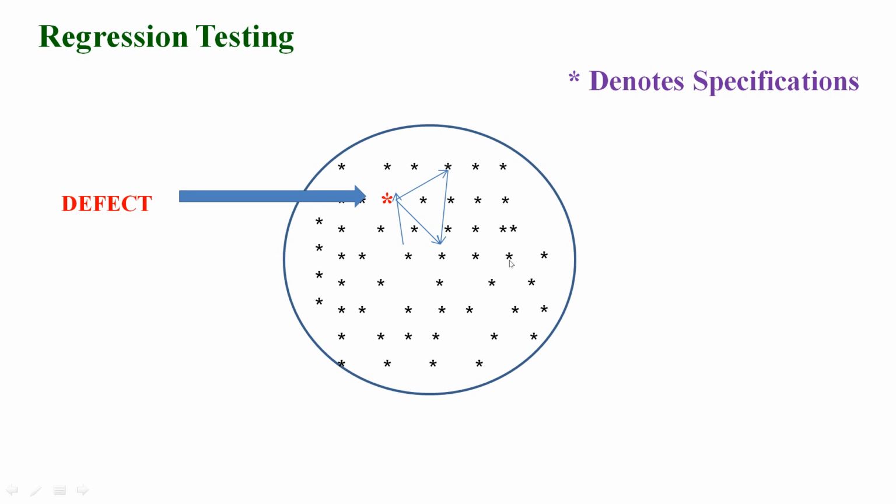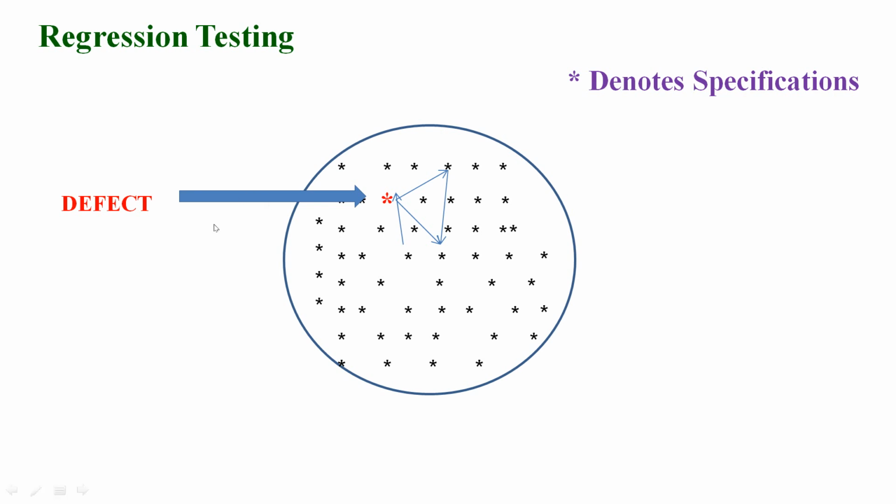All these stars, just for your easy understanding, let us assume are the functionalities or the specifications. For each and every functionality and specification, the software test engineer has to design the test cases and execute them to check whether the functionalities are working properly or not.